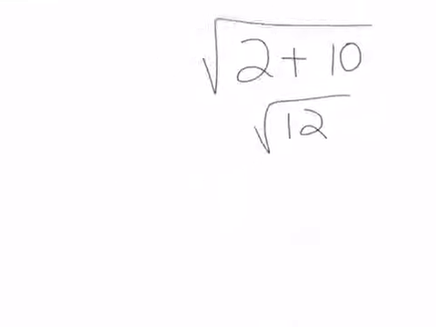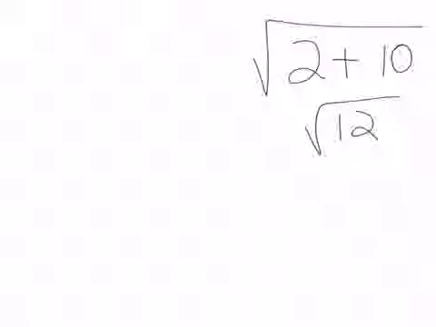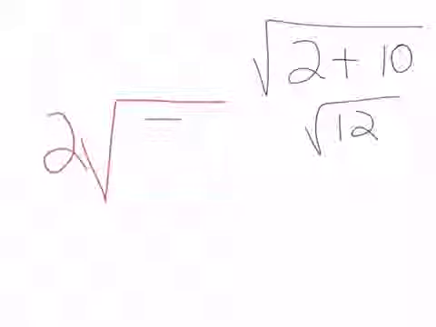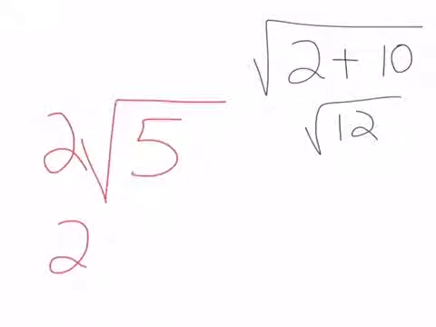Also, if you see something that looks like 2 and then the square root of 5, or you could pronounce this 2 radical 5, that just means 2 multiplied by the square root of 5. So estimate the square root of 5, just like how we just did, then multiply that by 2.